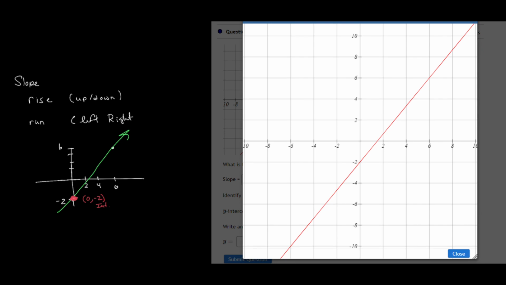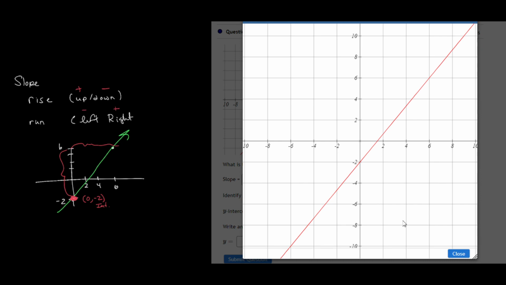And then I want to count how many times I go up. How many places is that? And then how many times do I go over? Now, up is positive, down is negative. Left, because it's on the smaller side, is negative, and right, going to the positive side.